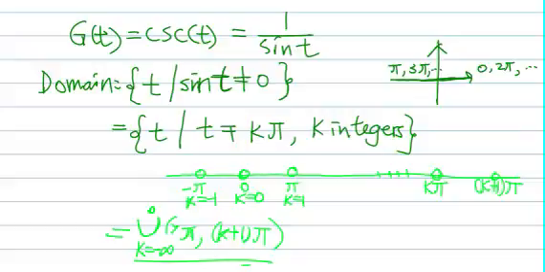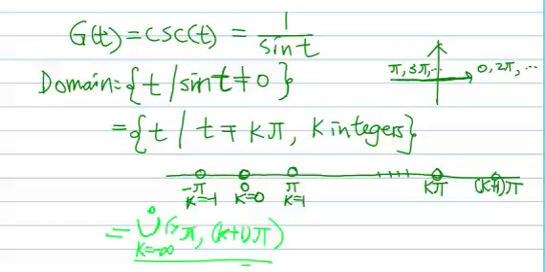We draw a number line to see how this works. It can be any real number except when t equals 0. That happens when k is the integer 0. When k equals 1, t equals pi.